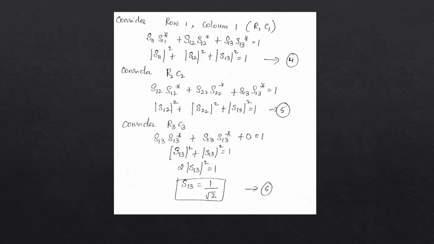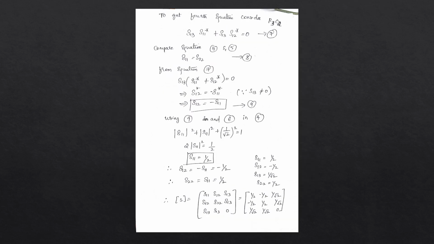Now let us consider row 1 and column 1. As we all know, solving each row and column of the particular matrix, we get the value of S13, which is 1 by root 2. To get a further equation, we'll consider row number 3 and column number 2, that is S13 S11 conjugate plus S13 S12 conjugate is equal to 0.